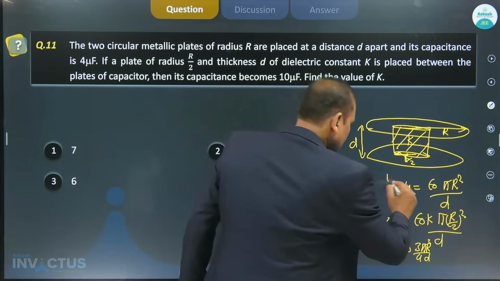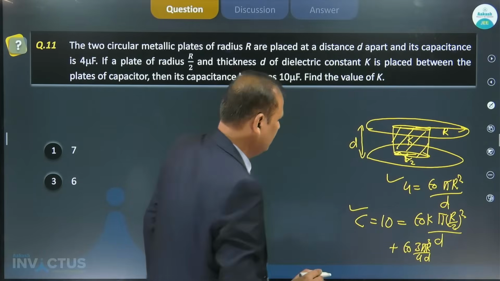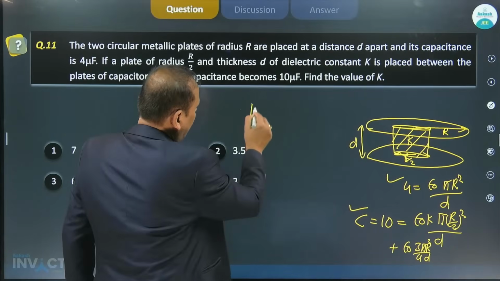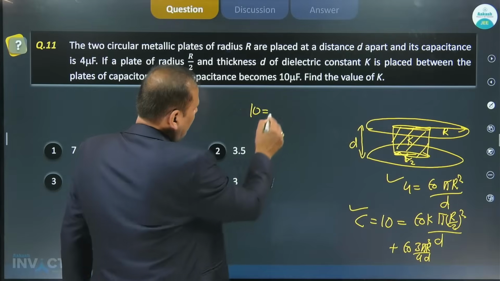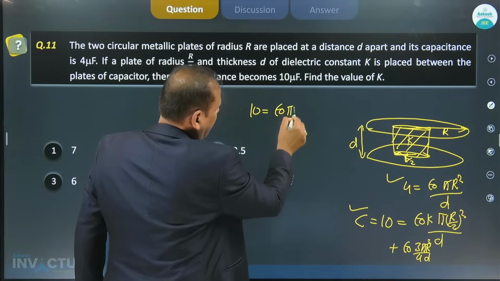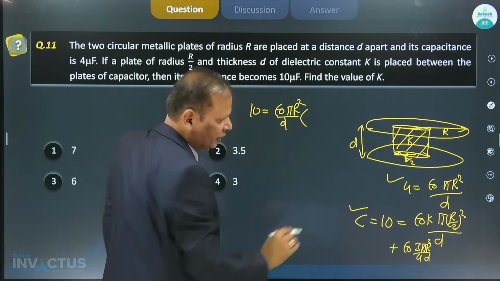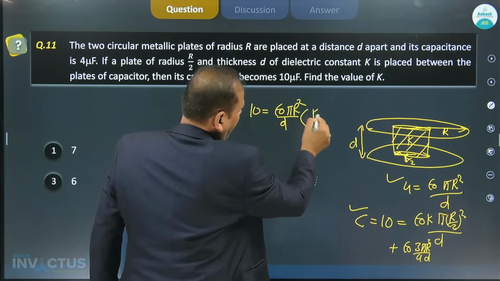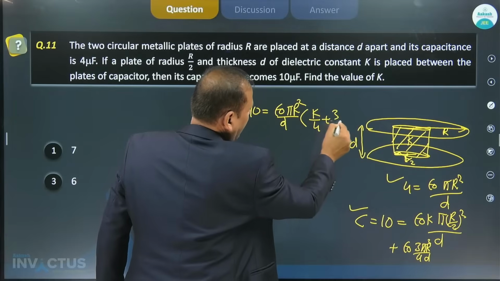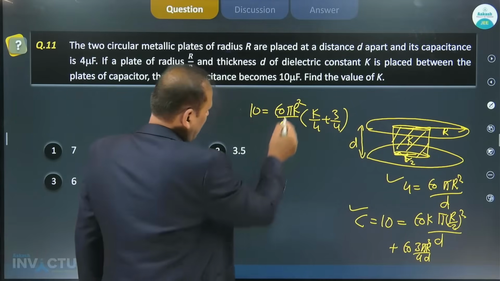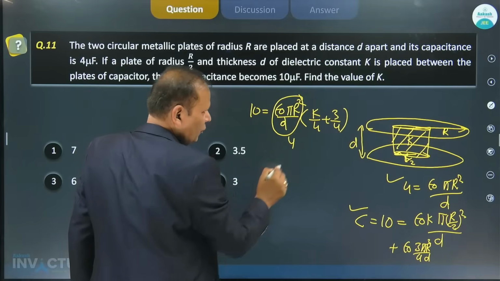Just use this value in here, like 10 is equal to epsilon naught pi r square by d, just take it common. So k by 4 plus 3 by 4, and this portion is 4.